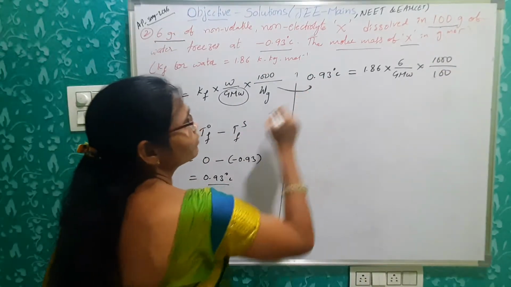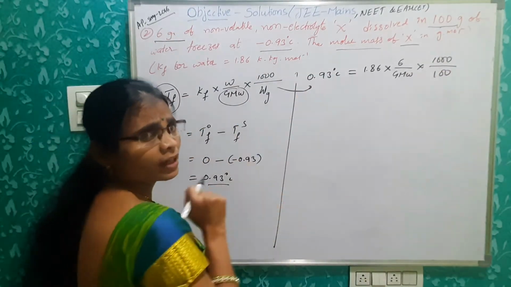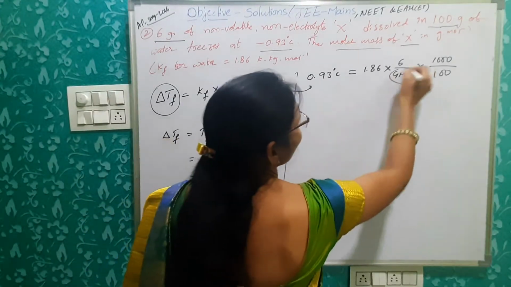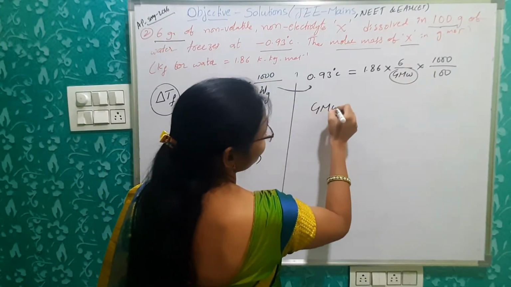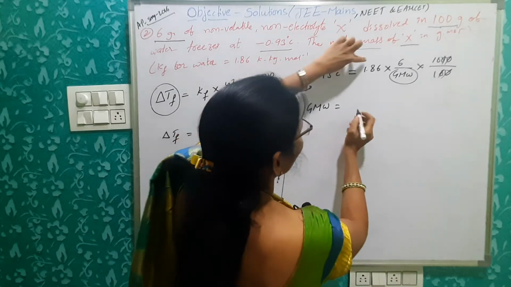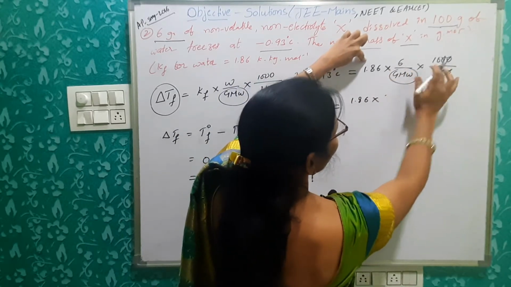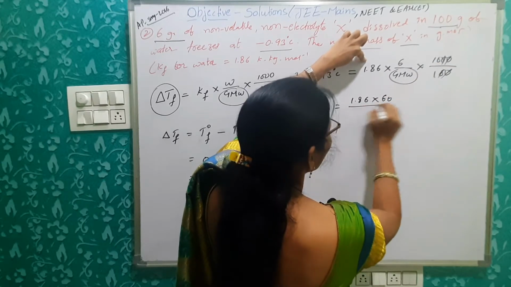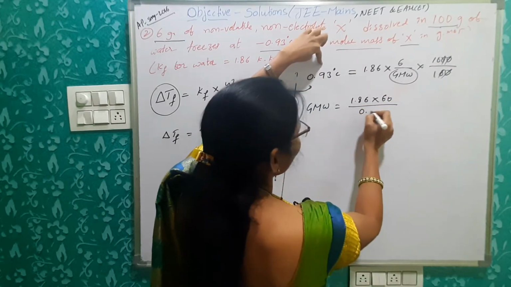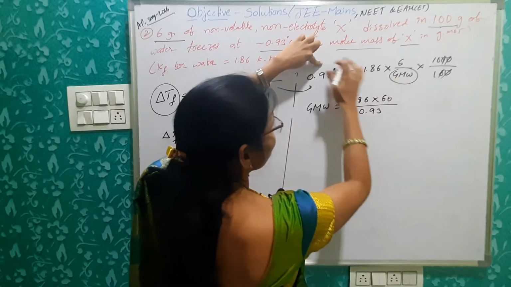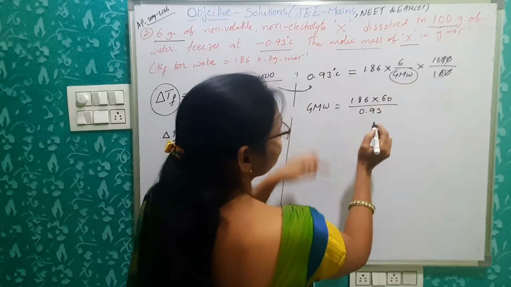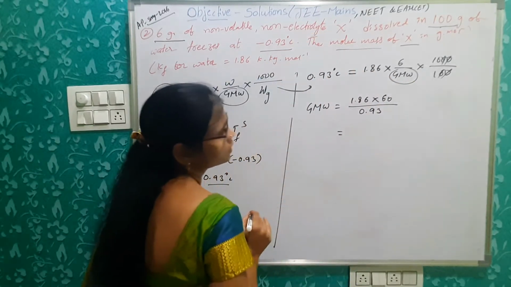Okay. In this formula, we can substitute their values. So now, gram molecular weight is equal to 1.86 into 60 by 0.93. Now, how much?